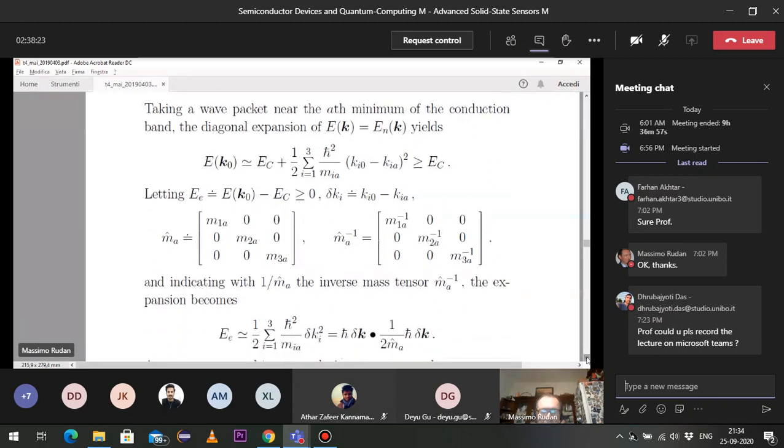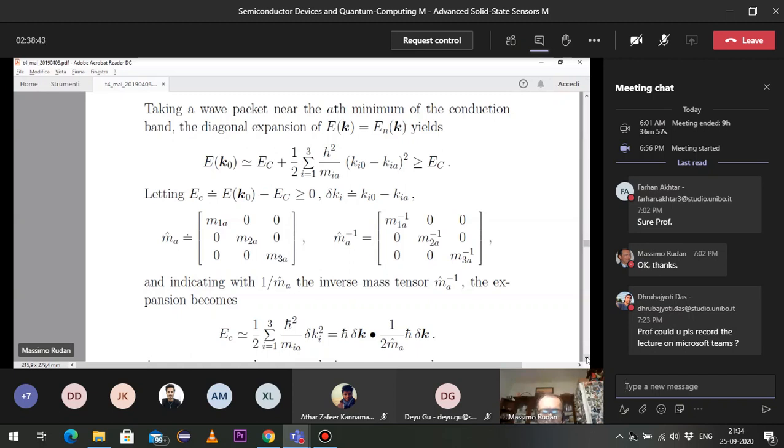We already described the expansion of the E of k relation around, for instance, a minimum. We are using the symbol K0, but it doesn't really matter. It is like K, okay?